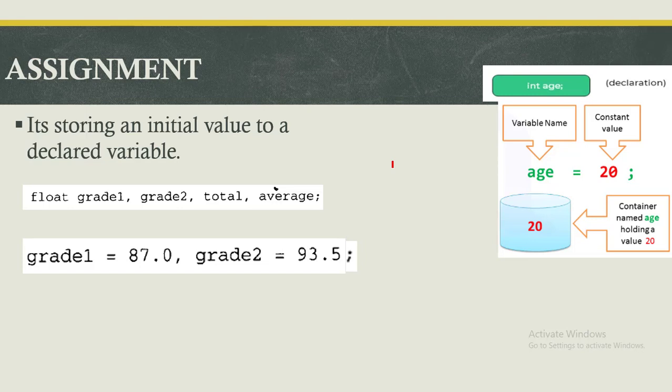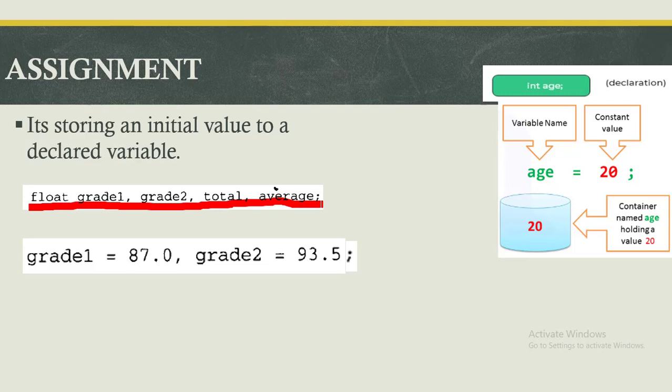Let's come back to programming. We declared variables, and if you have not seen that particular session, you can check the link below and go through it on the process of how you declare a variable. So we have declared those variables, but they do not have any values stored in them.